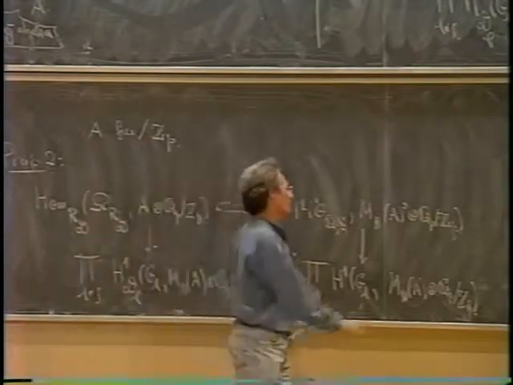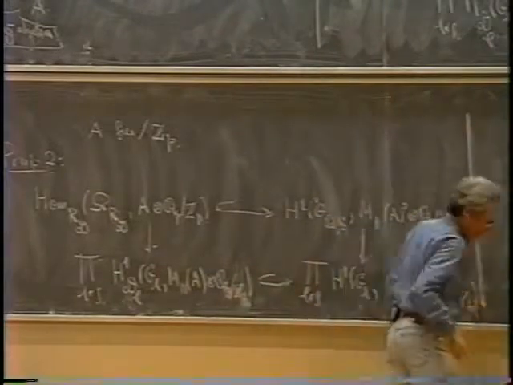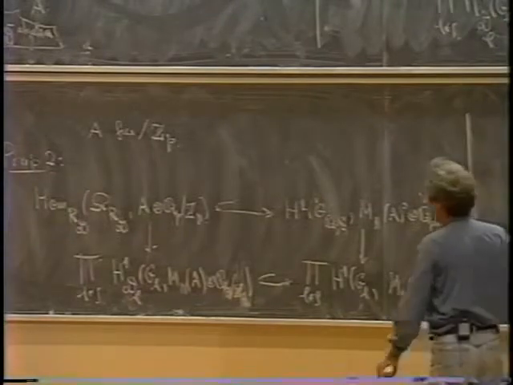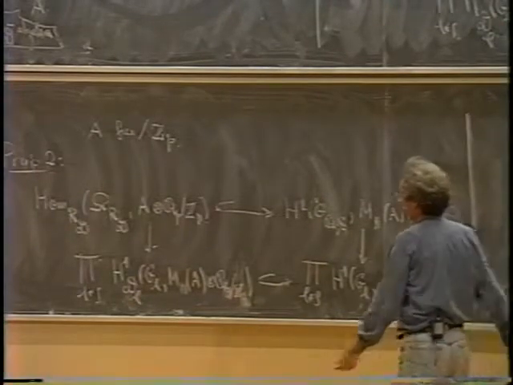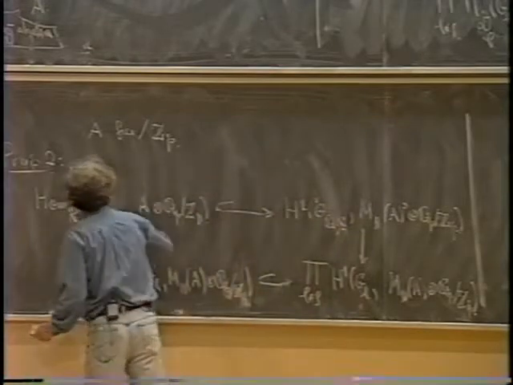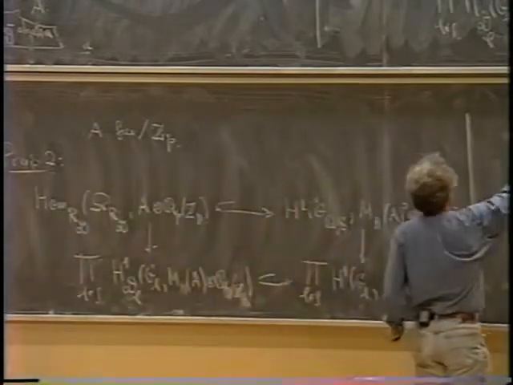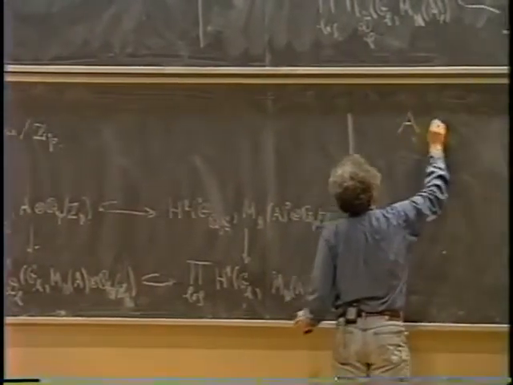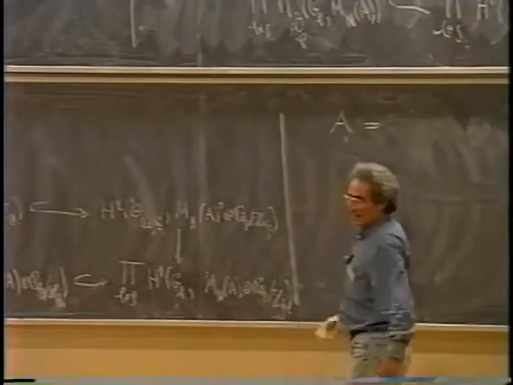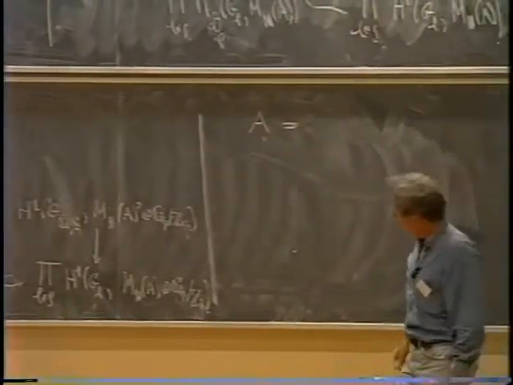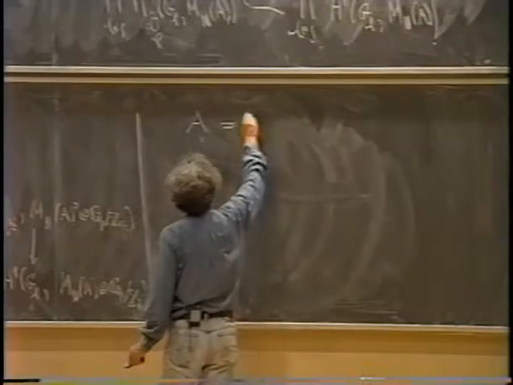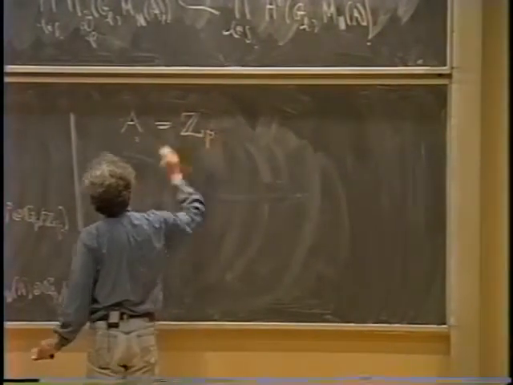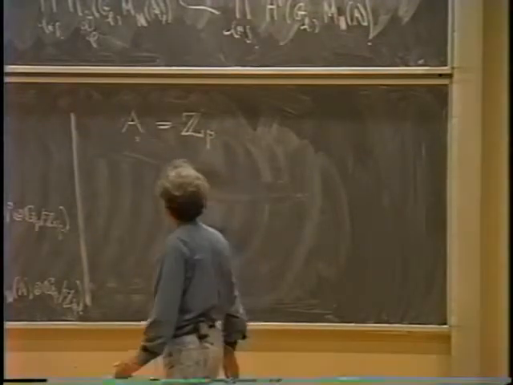Now, the third version of it, which you will find referred to quite often, doesn't have Kähler differentials at all. Let me imagine that we're in the simplest situation, namely where A is, usually it's applied when A is a discrete valuation ring O, as in some of the previous talks, but I'm going to take the simplest case so as not to tensor things with O. I'll take A to be Z_p.